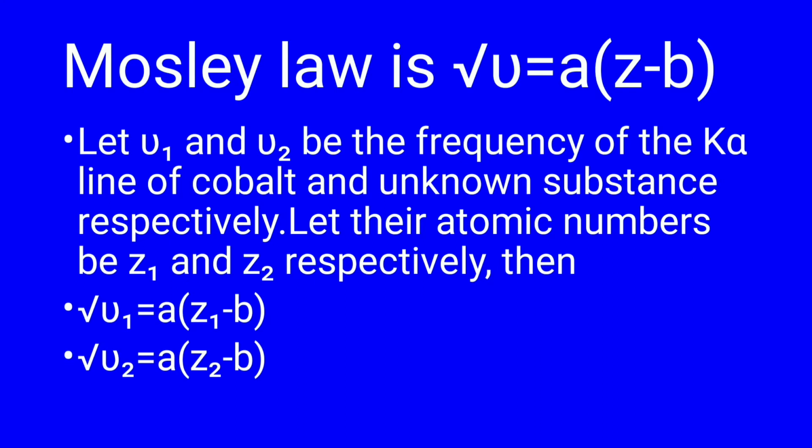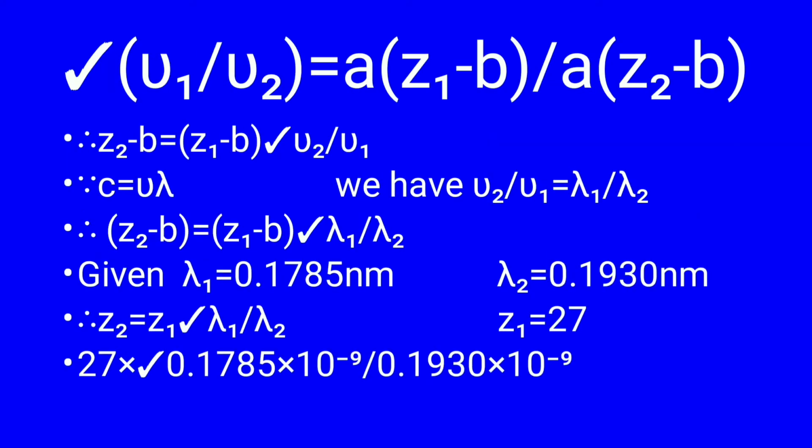Then square root of nu1 equal to A into Z1 minus B, square root of nu2 equal to A into Z2 minus B. Divide equation 1 by 2. Square root of nu1 divided by nu2 equal to A into Z1 minus B divided by A into Z2 minus B. A and A get cancelled out. Therefore, the equation will become Z2 minus B equal to Z1 minus B into square root of nu2 divided by nu1.